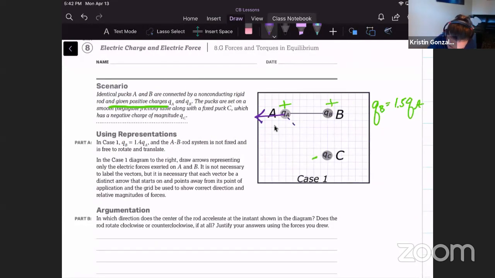I'm going to draw some distances in here. If we count the squares, this should be 6 squares here, and this is 6 squares. Well, this is more than 6 squares. We remember that force, for point charges, was K QQ over R squared. So if this is a bigger distance between them, then I know this force is going to be a little bit smaller, so I'm going to draw it a little bit smaller here.